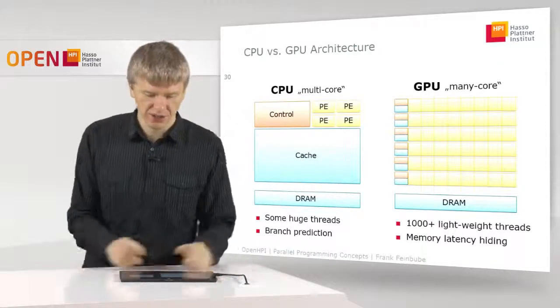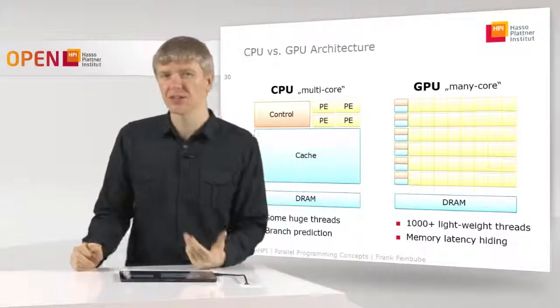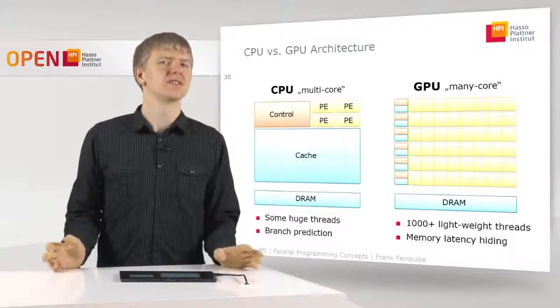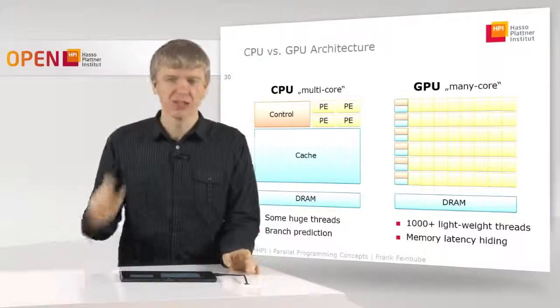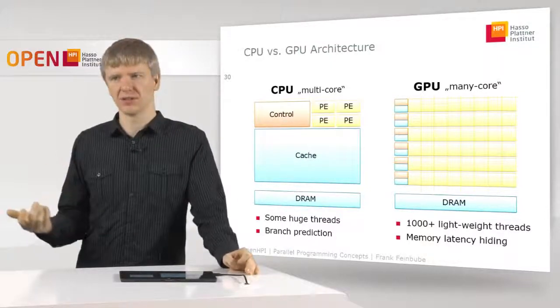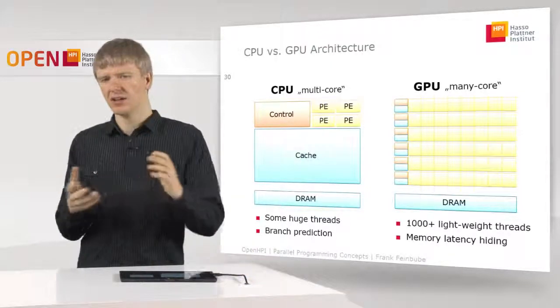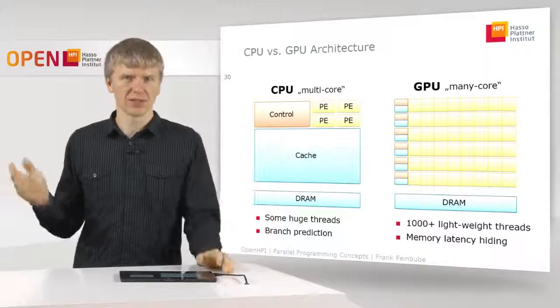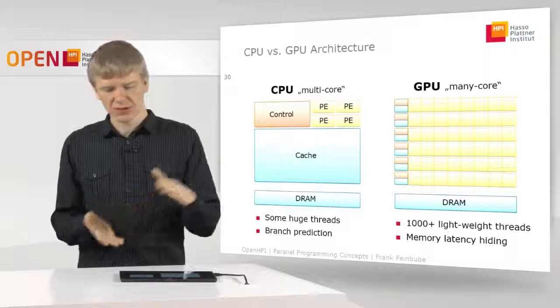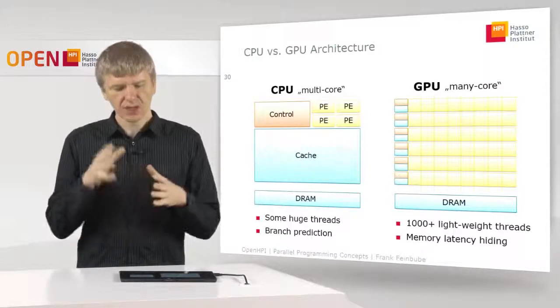And the cache is very small as well, because they have another concept to deal with the memory wall, and this concept is having so many threads. Since they had thousands of threads, because for each of the pixels in the result image they had one thread, and since a picture is usually thousand times thousand pixels or something, they have really a large amount of threads. And they use all those threads in order to hide memory latency.